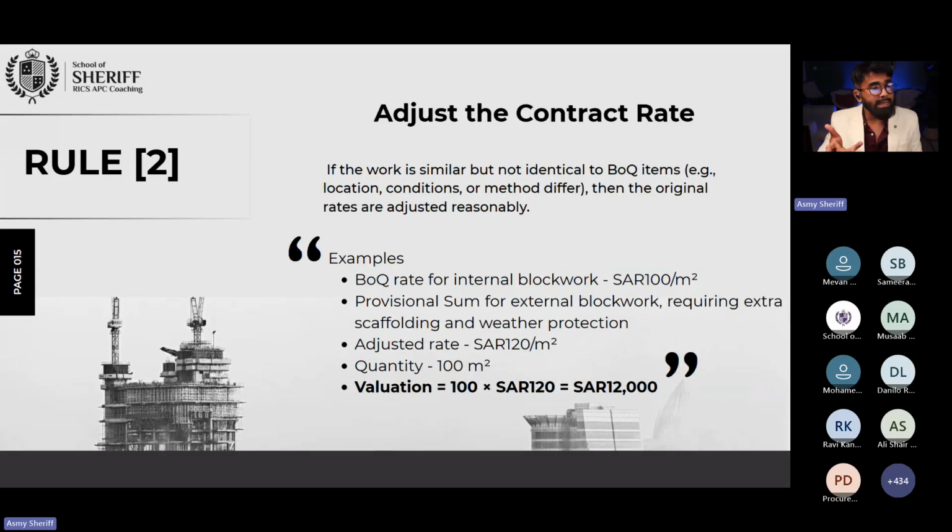Suddenly, the employer activated the provisional sum for construction of, let's say, an external boundary wall, which is 12 feet high. Your 100 riyal per square meter price is based on what? 6 feet, right? But now the provisional sum, of course, is also block work, but it is a boundary wall, and he mentioned 12 feet. For 6 feet, you need only one layer of scaffolding.